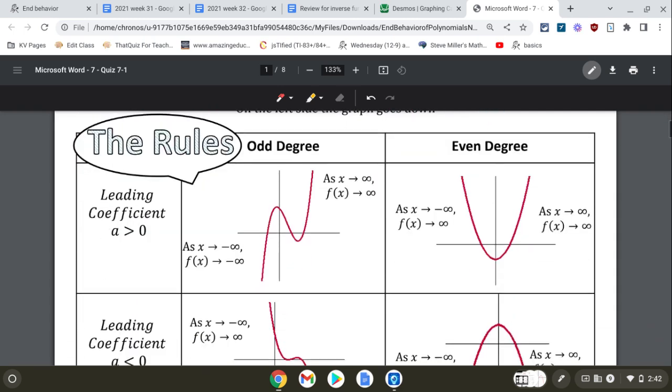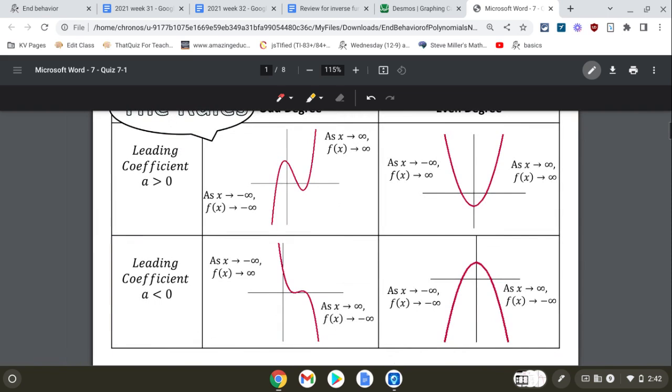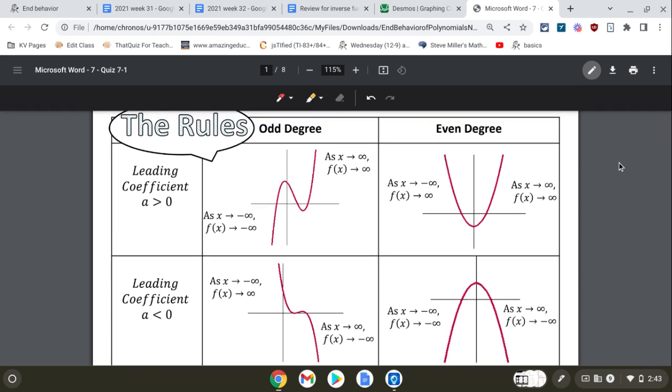If you look here, these are all four of the possibilities. Either it's going to go up and up, like this one does, or down and down, or we say this would be considered down and up: as x approaches negative infinity, it goes down. As x approaches positive infinity, it goes up.